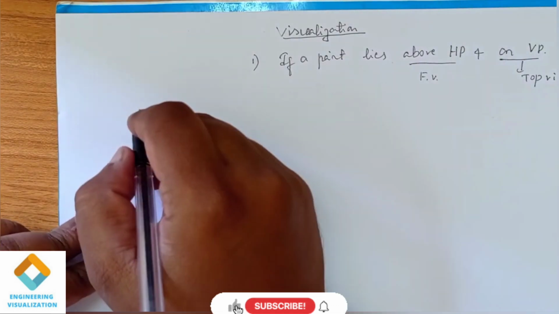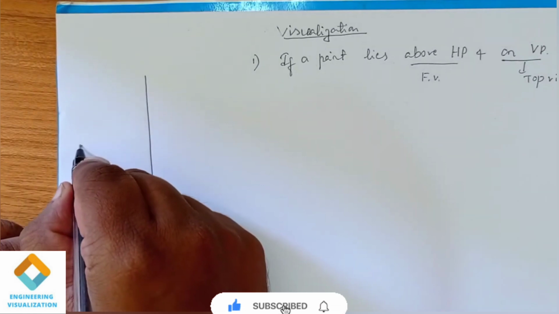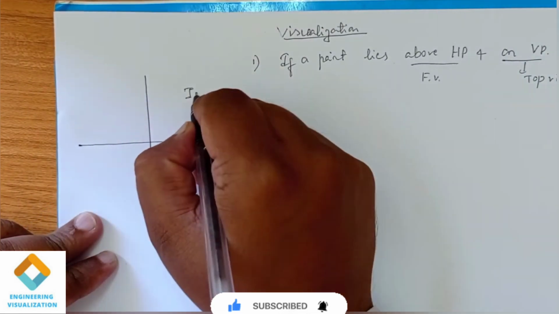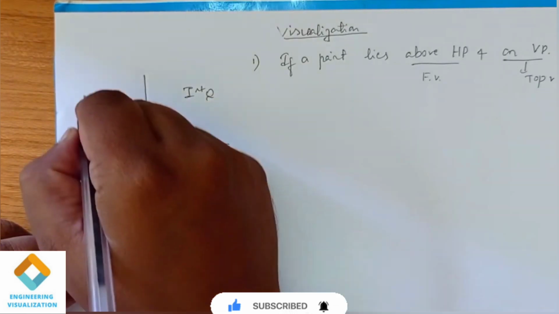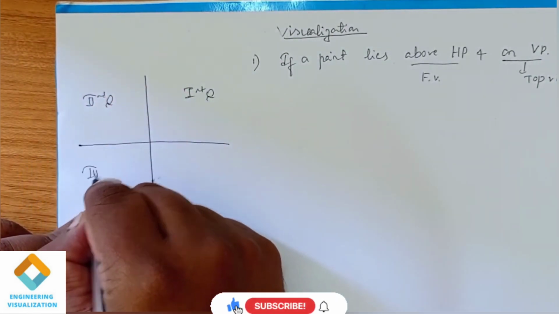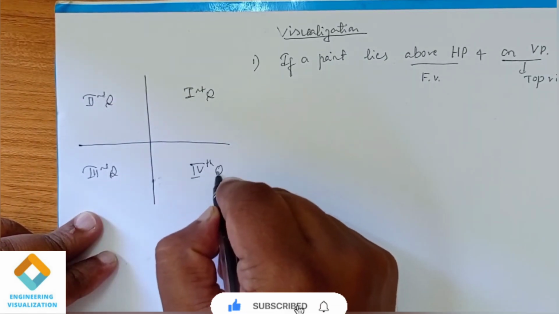Okay, so we know that in the quadrant system there are four quadrants. So this is our first quadrant, second quadrant, third quadrant, fourth quadrant.